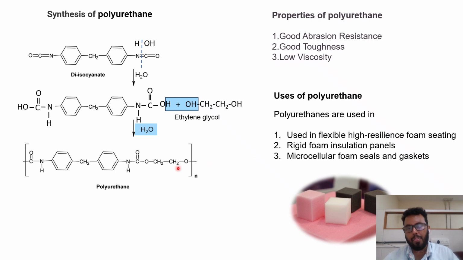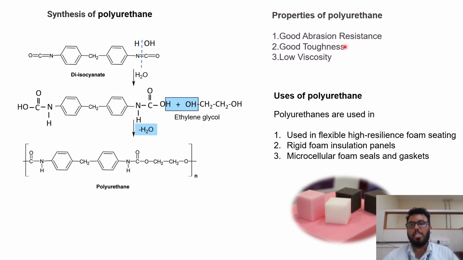The backbone will be having ether as the functionality, and similarly the other end also this reaction will happen. So n number of polymers are formed, like 150, 200, like that. Depending on the number of monomer units, you can have the repeating chain in your polymer chain. So this is how the polyurethane is formed.